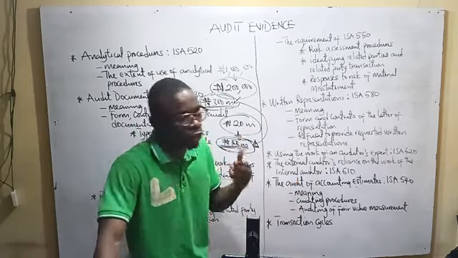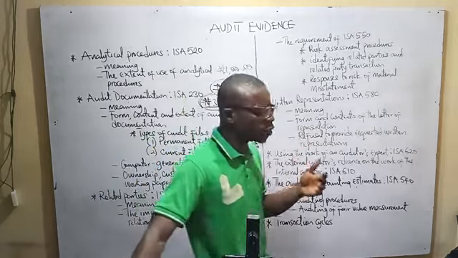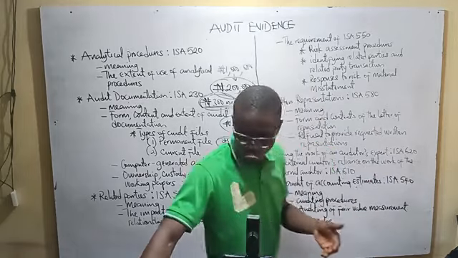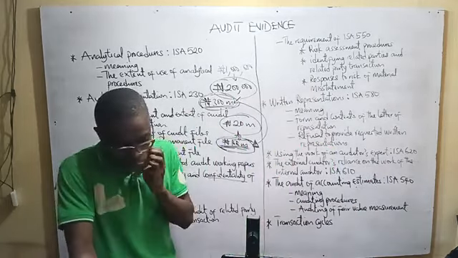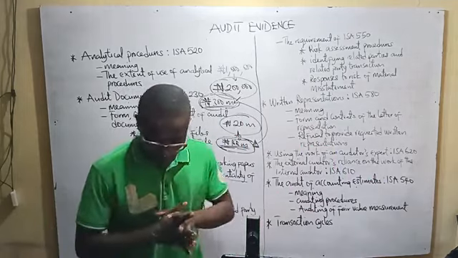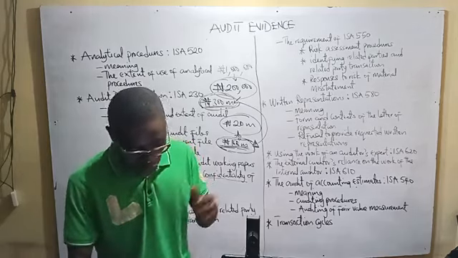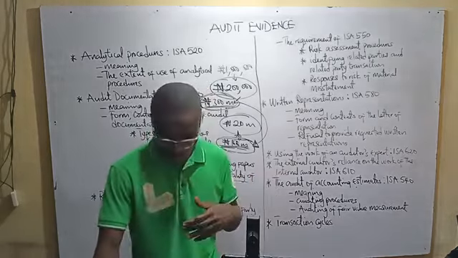So you have sales and trade receivable cycles. We have purchases and payables cycle, and we have payroll cycle. Actually, we have other transaction cycles too, like bank and cash transactions and all those.